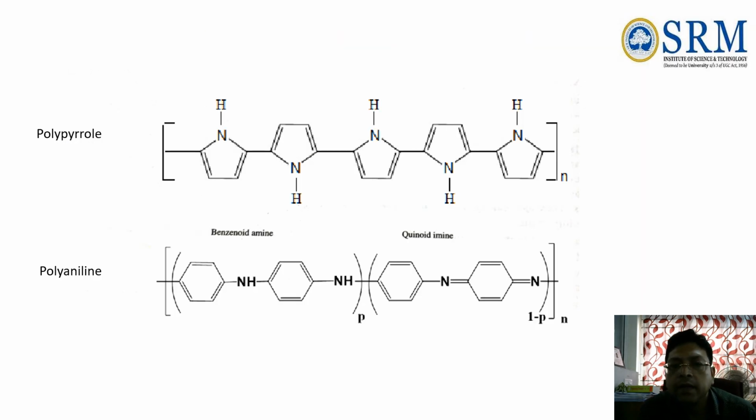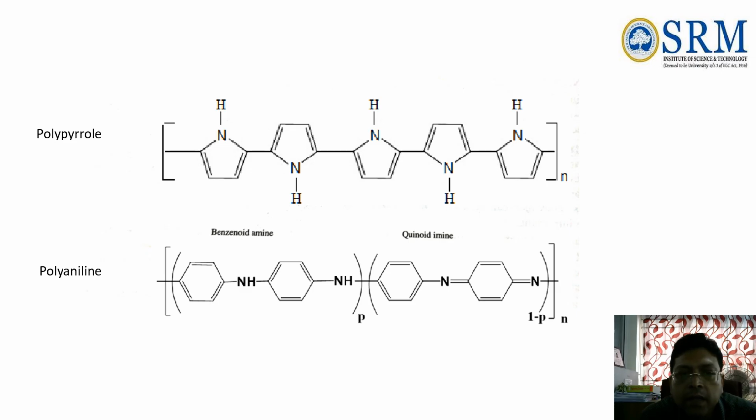Now we can discuss a few more examples of conducting polymers. In the previous slide, we talked about how electrical conductivity originates in polyacetylene, and here we will discuss polypyrrole. Previously we talked about conducting polymers with or without heteroatom.